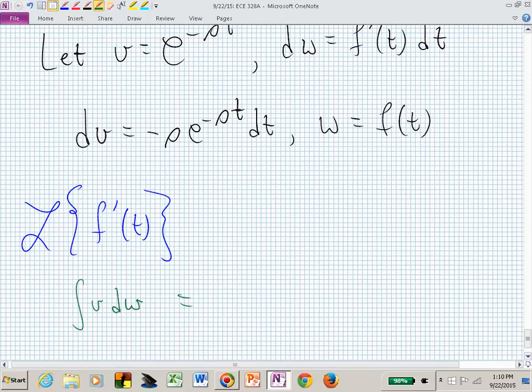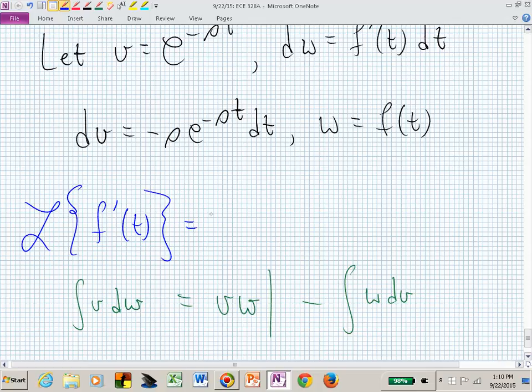It's the product of those two variables evaluated at the limits, if there are limits, minus the integral of W dV. That's the structure, and now let's plug in the pieces that we have for our particular example.